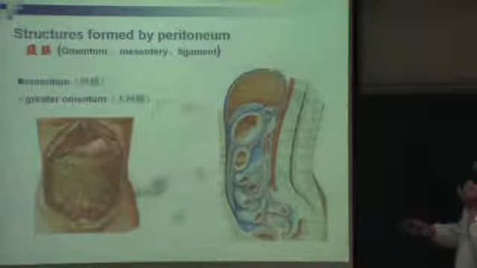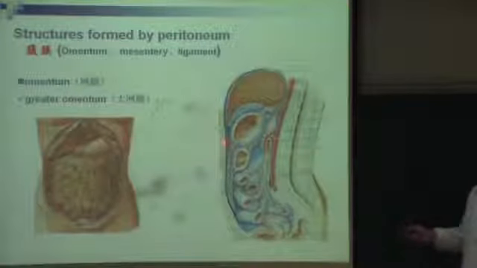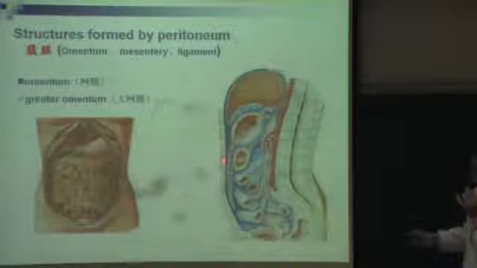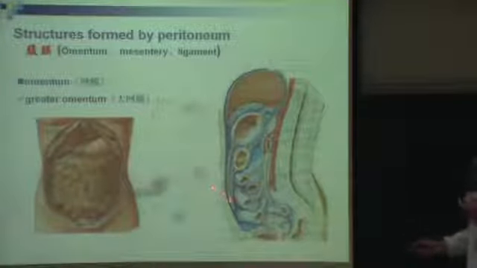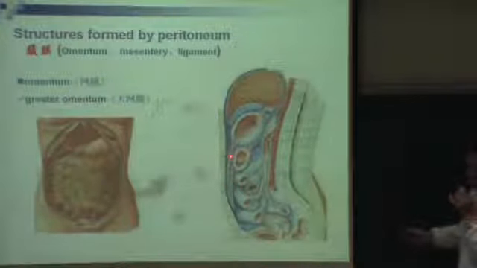The 2 layers of the peritoneum meet together to form one, and extend downward, and then backward up, ascending to the transverse colon.